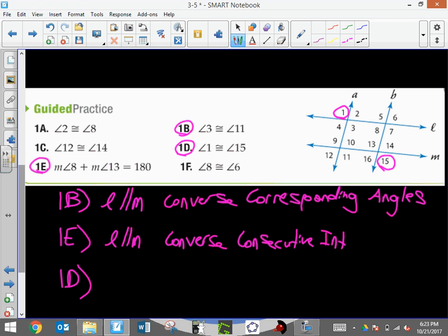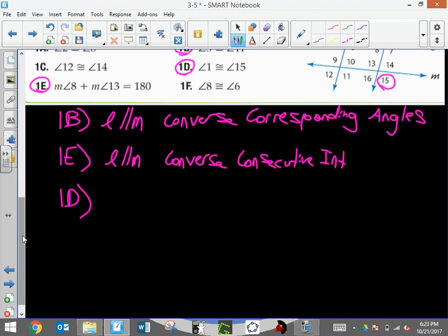Actually, they tell me they're congruent, but I don't know if they're alternate interiors, alternate exteriors, or corresponding, and I definitely know they're not consecutive interiors because they're not adding up to 180. So I can't determine in this case whether lines are going to be parallel or not. So I'm just going to say not enough information.